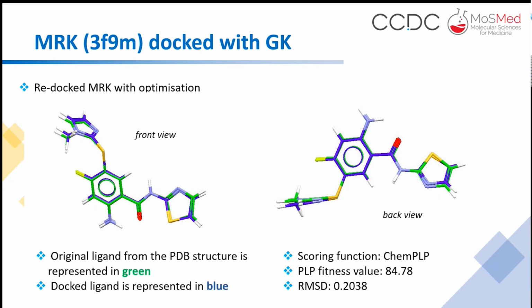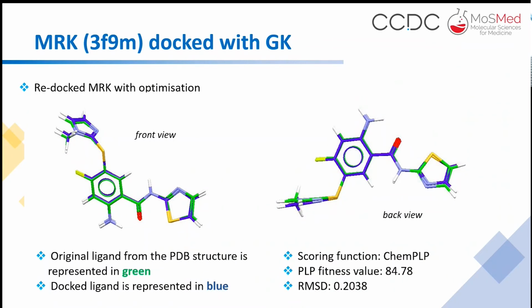In most of the PDB entries, arginine 63 in the protein creates a hydrogen bond with the ligand, which was a very important interaction. When I redocked the ligand for 3F9M, I was able to recreate it with the optimizations that I chose.